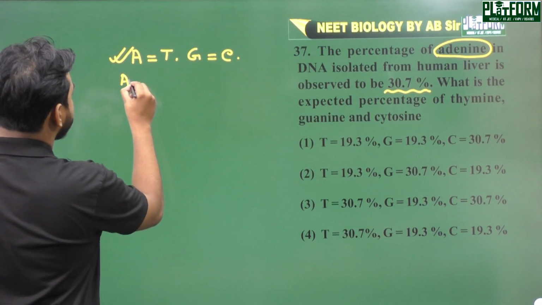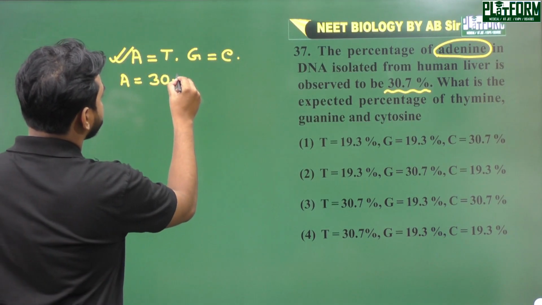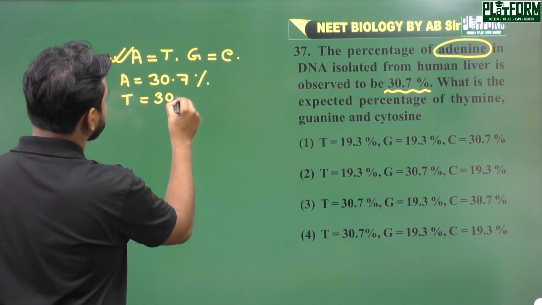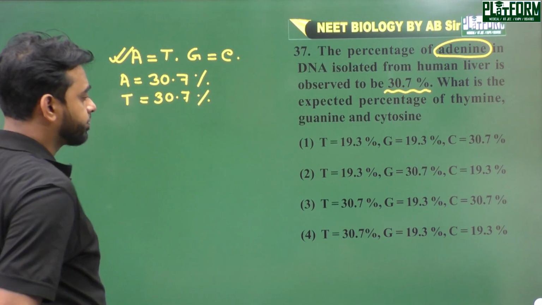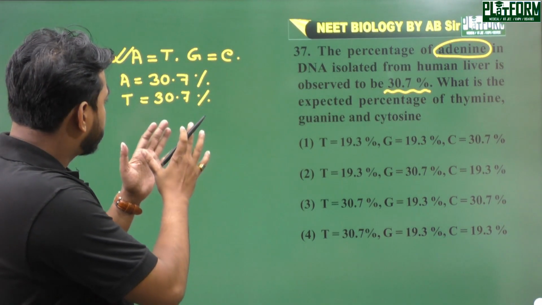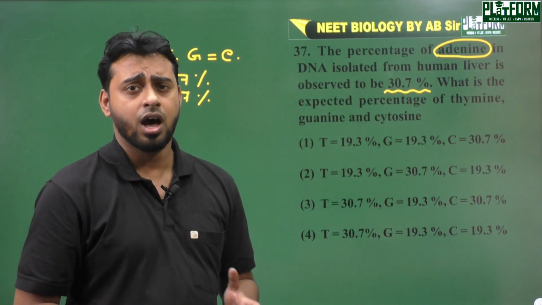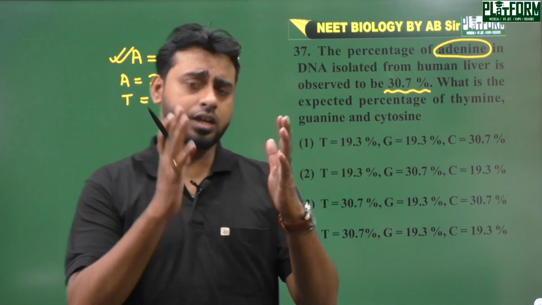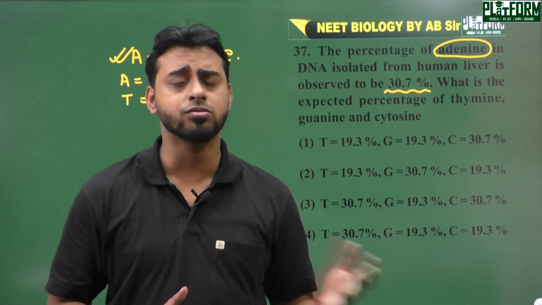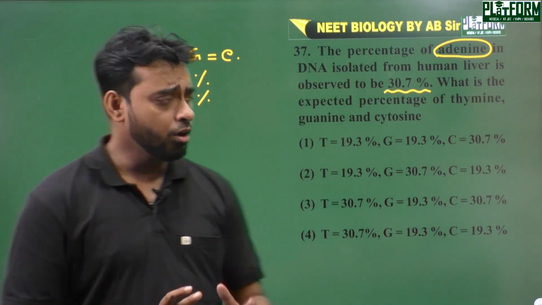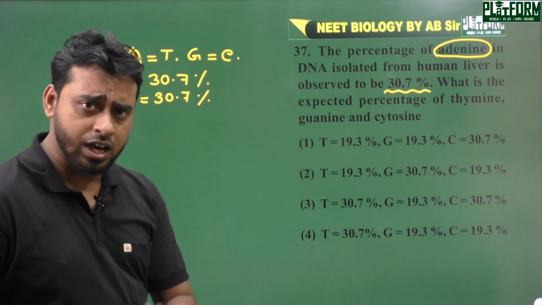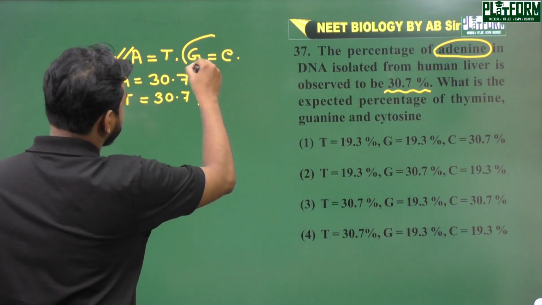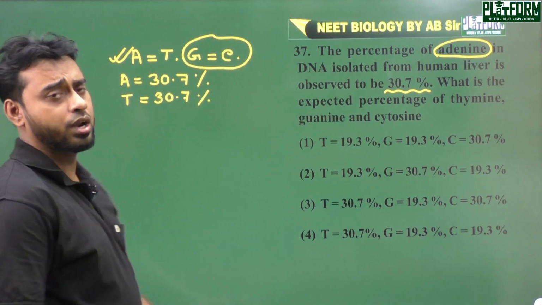So A equals 30.7, T equals also 30.7. Now the rest of the nitrogen bases are either G or C. We know that a DNA molecule is made up of 4 types of nitrogen bases: A, T, G, C. So the rest of the bases are either G or C, and according to Chargaff's rule, G and C are also present in equal amounts.